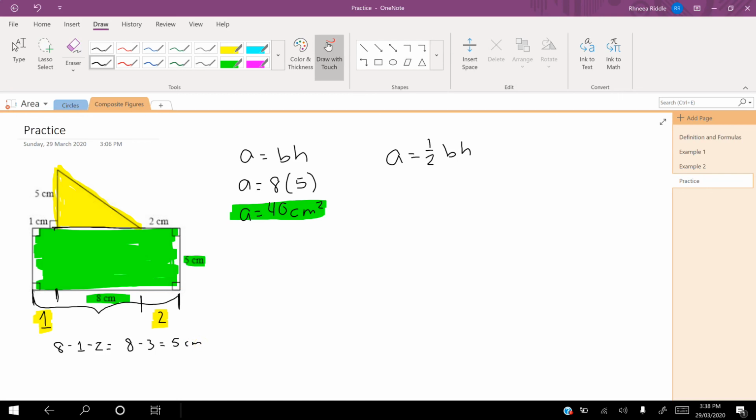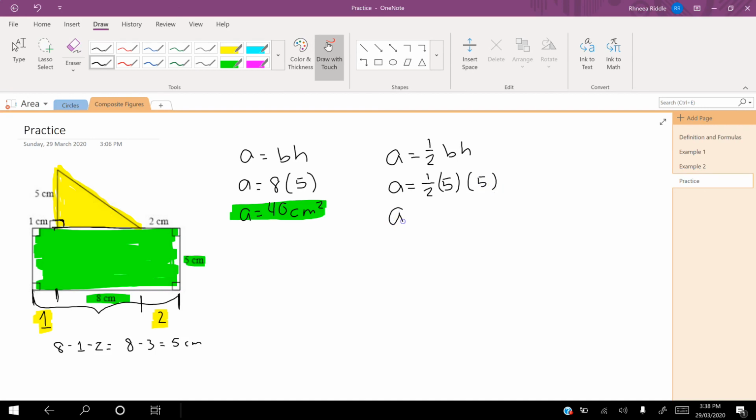So we know that area equals 1/2 times our base times our height. We've just found out that our base is 5 centimeters. And we can see here that this is real simple for us because this is already perpendicular to the base of the triangle, so that is also 5.